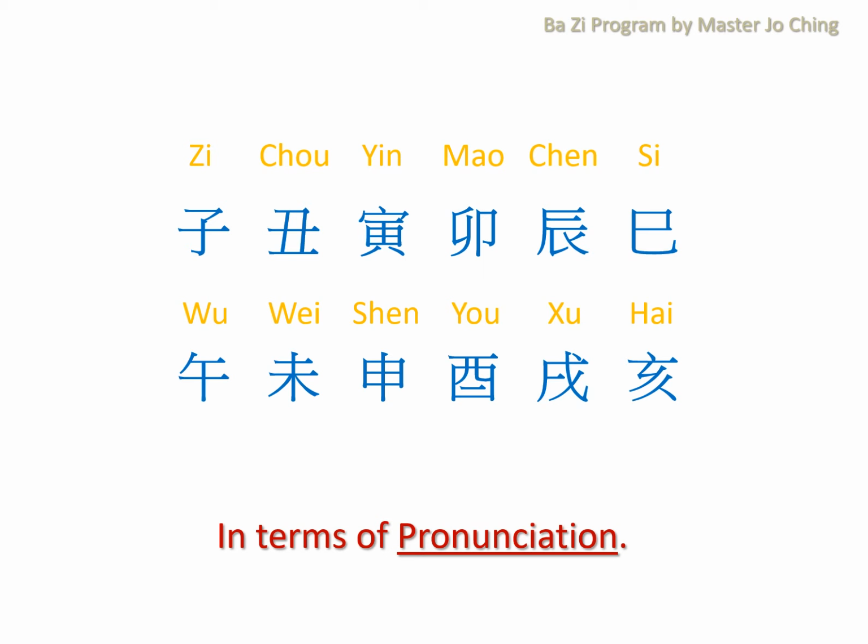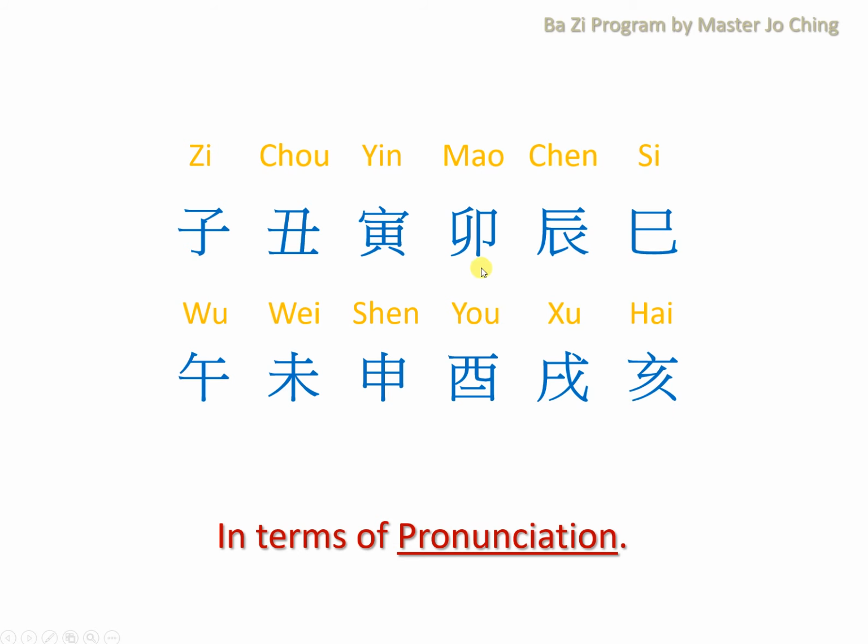So let me go into the 12 earthly branches. How do we pronounce them? Number 1 is Zi, followed by Chou, Yin, Mao, Chen, Si, Wu, Wei, Shen, You, Xu, Hai. Let me go a bit faster.